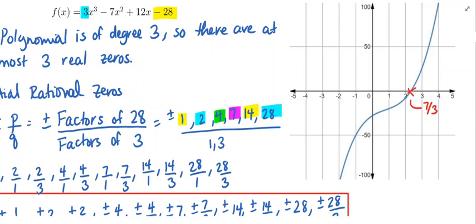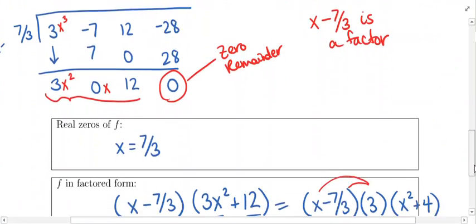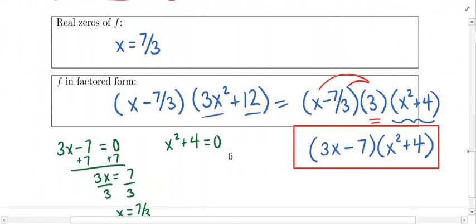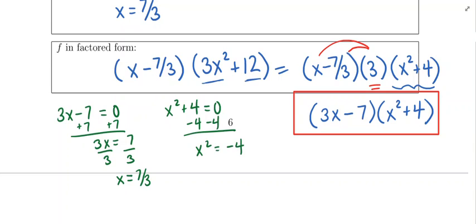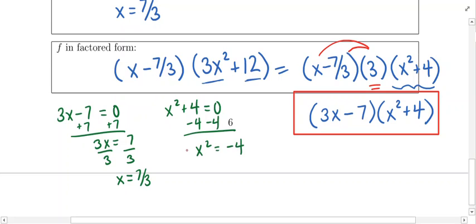But we do need to go and look at the other factor. We need to take x squared plus 4 and set it equal to 0 and solve. So subtract 4 from both sides. You're going to get x squared is equal to -4. You've got something squared equal to a number, so you can take the square root of both sides.